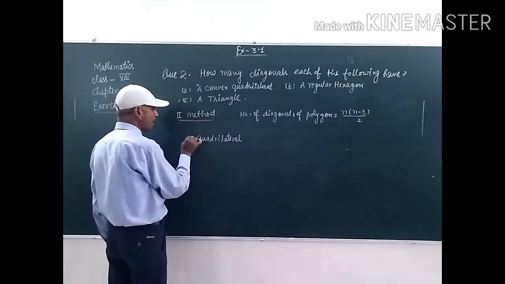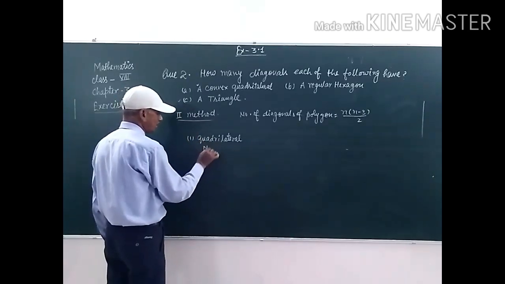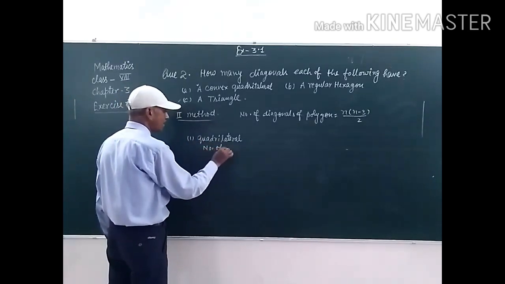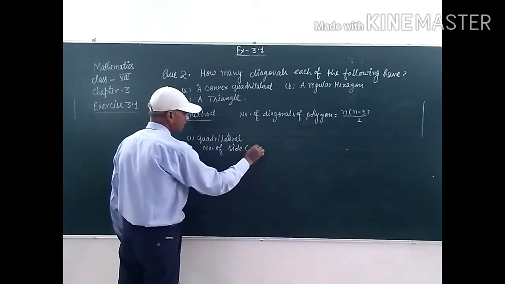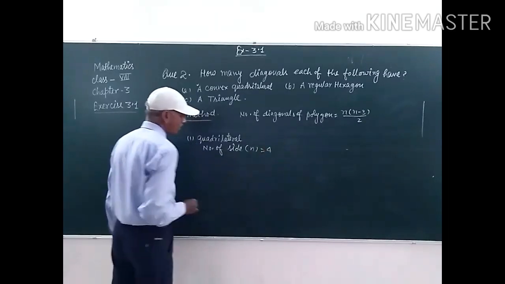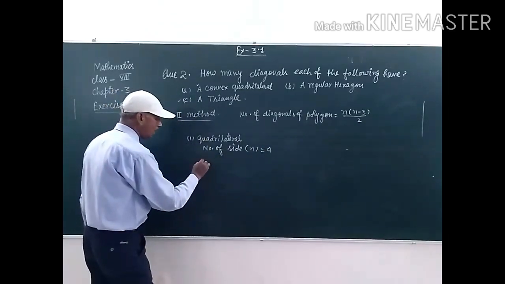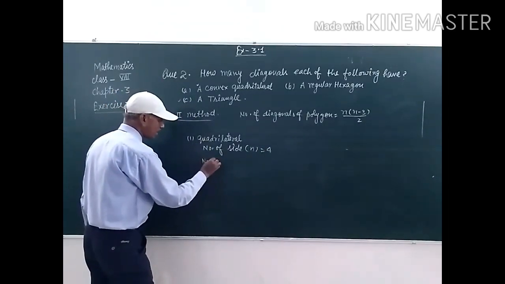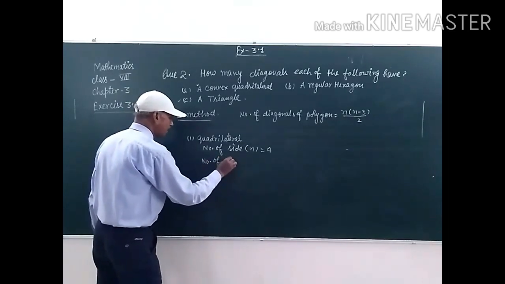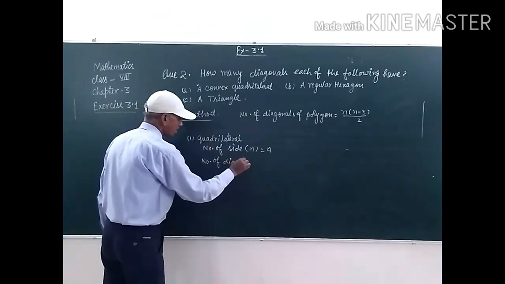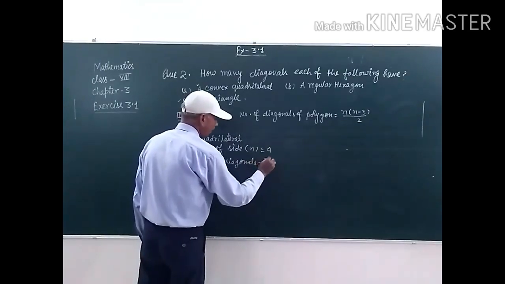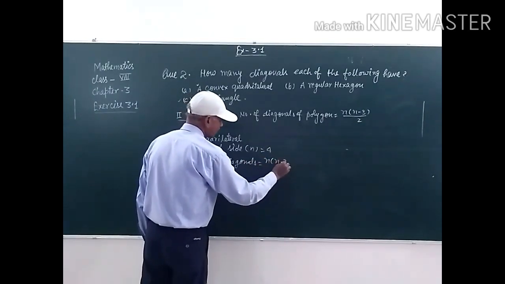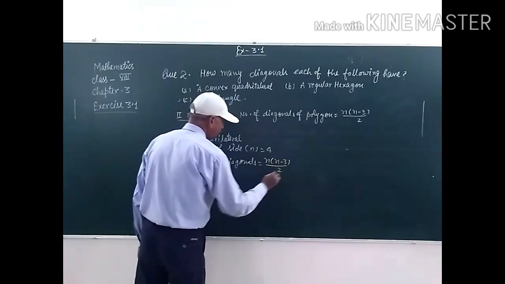So the number of sides n is equal to 4. So the number of diagonals will be n times n minus 3 by 2.